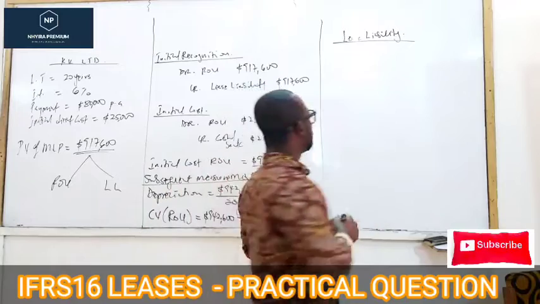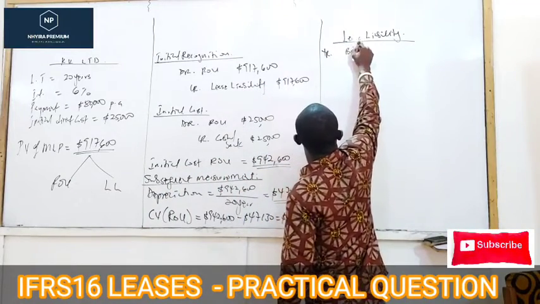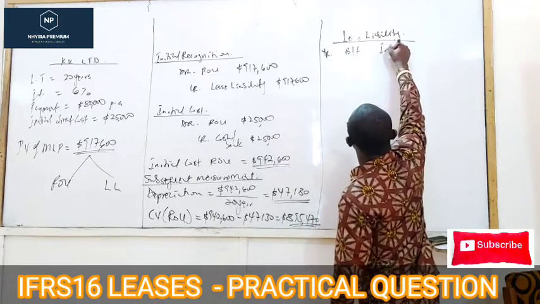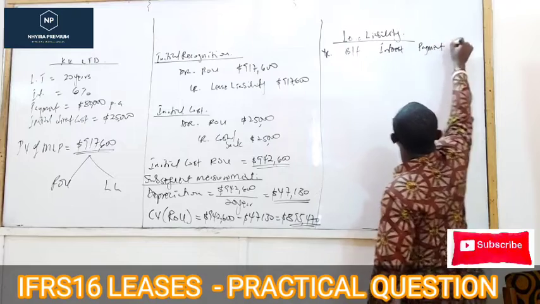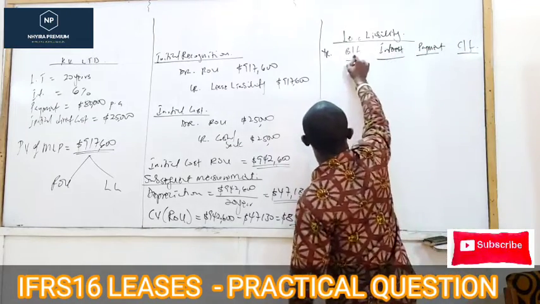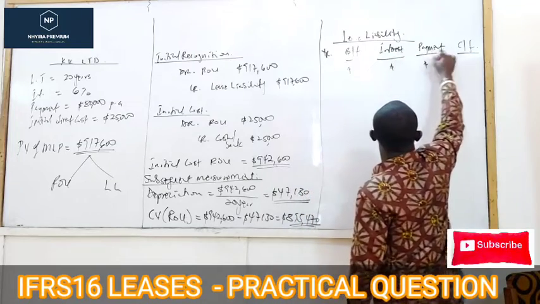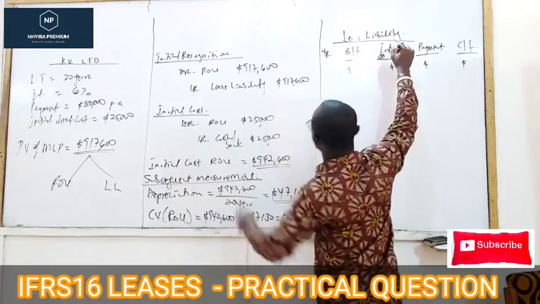So we will use this pro forma. We'll bring here the balance brought forward, the interest rate implicit in the lease. We'll bring our installment payments, and then certainly we'll get the balance carried forward. Let's slash our dollar signs up. And the interest rate implicit in the lease is what?